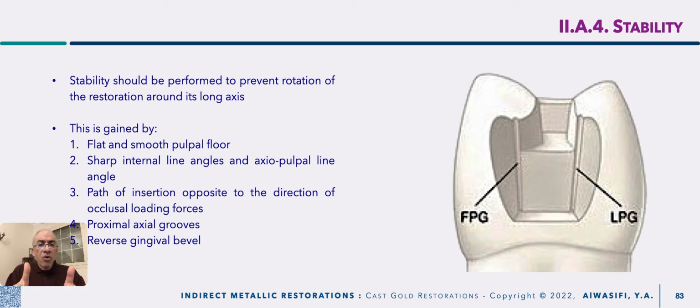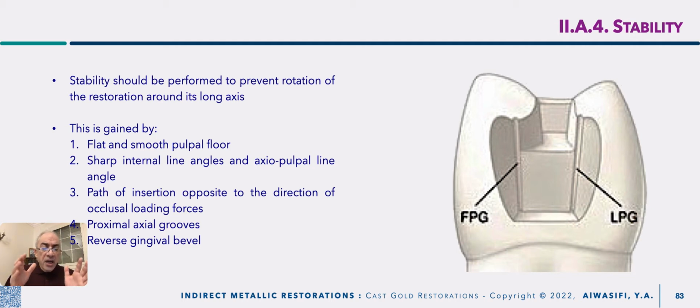This rocking, by time, will break the cement line, lead to its fragmentation, and may affect at the same time the strength of your cusps, adding extra stress to your cusps that may lead to their fragmentation.